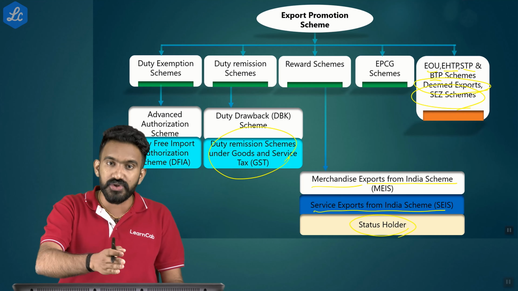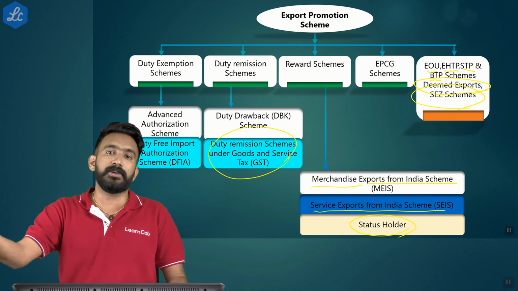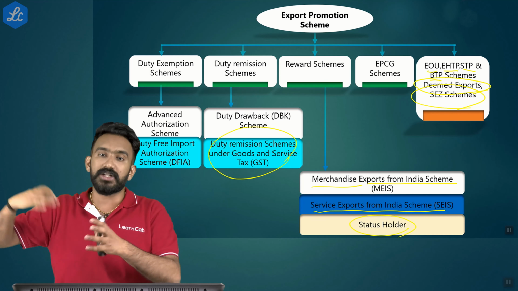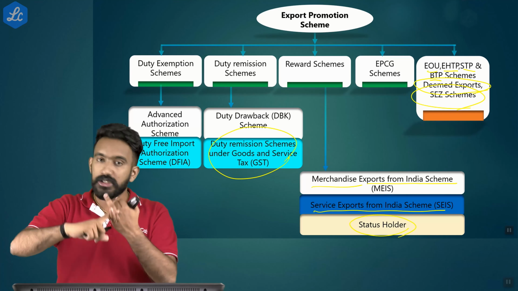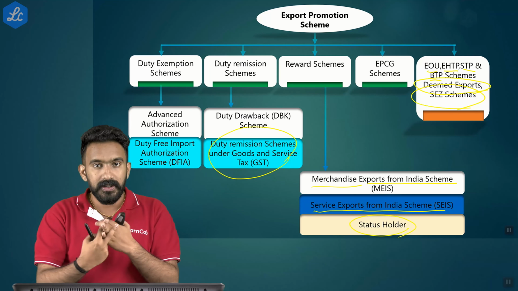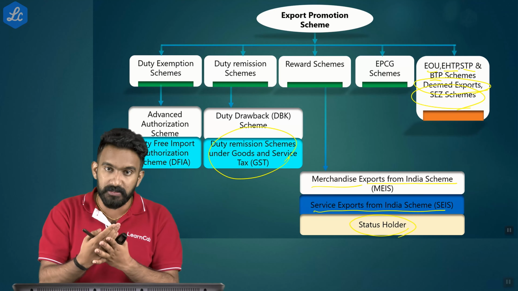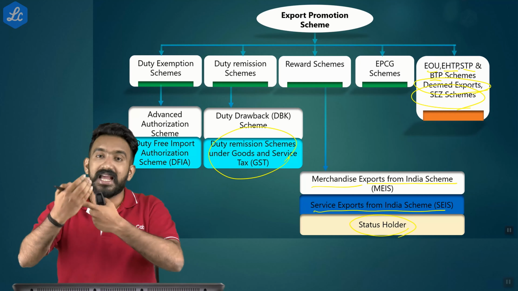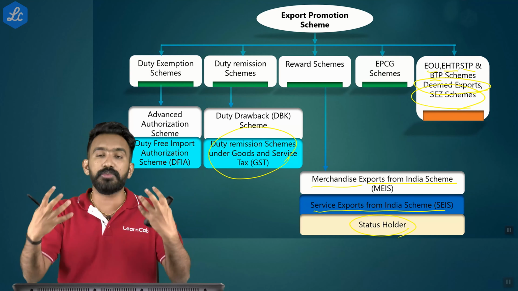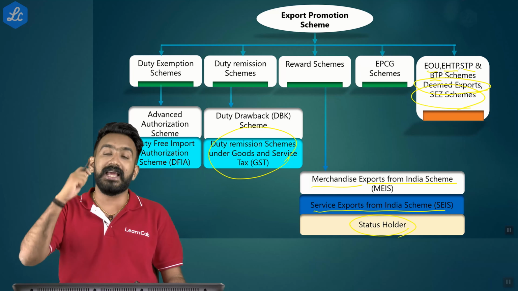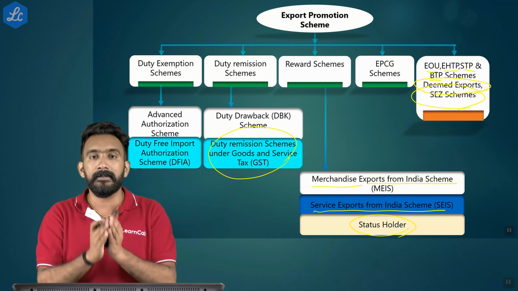Then for capital goods, you have schemes called Export Promotion of Capital Goods schemes. Then you have multiple entities which are oriented towards export: EOU, EHTP, STP, BTP and deemed export provisions, SEZ units. All these contribute towards multiple export promotional schemes that we have in FTP.